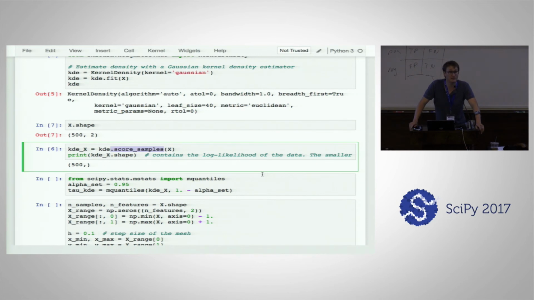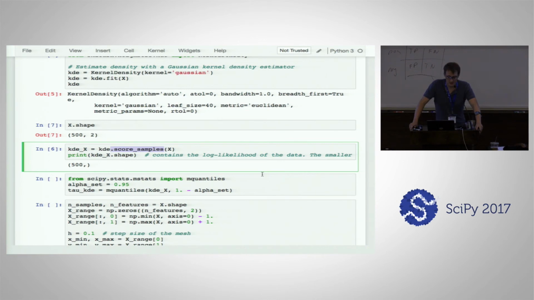You bin, and then you find every point that falls in a bin with very few points. That is also a measure of density and can be used for anomaly detection. One issue with histograms is that if you go to high dimensions, the number of bins grows exponentially, and you might run into trouble. There are other models that we did not mention so far, called Gaussian mixture models, which are a way to describe your data as a mixture of Gaussians. That would be super adapted to the data generated with the blobs.